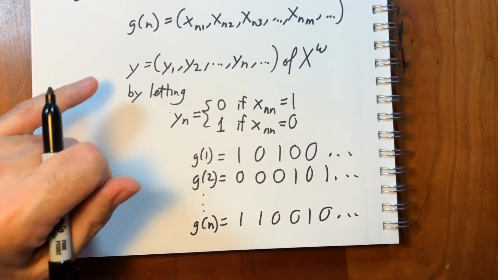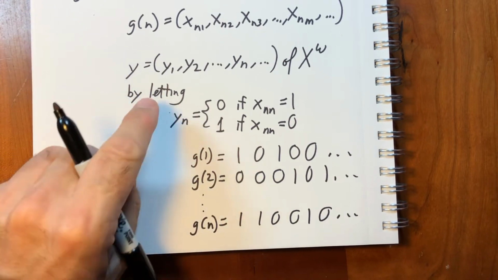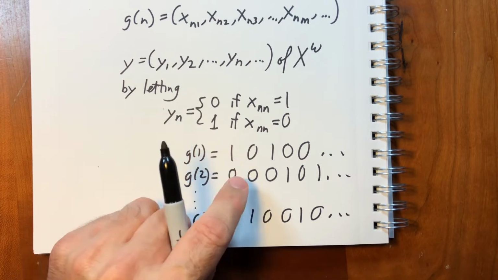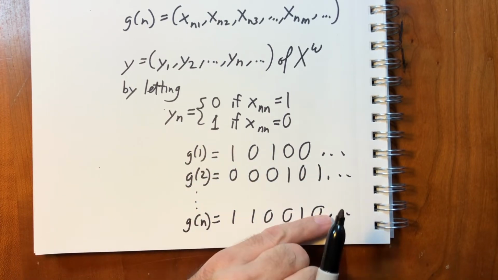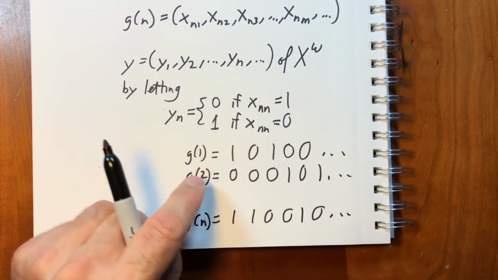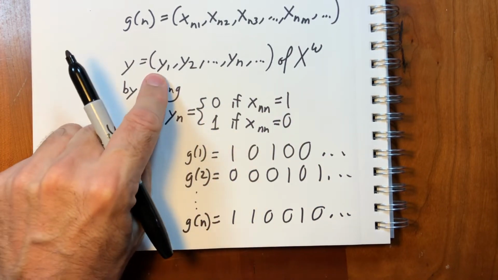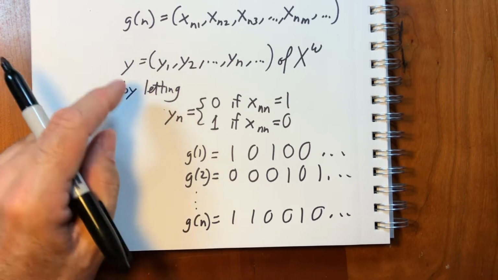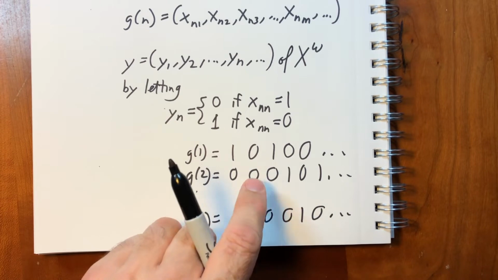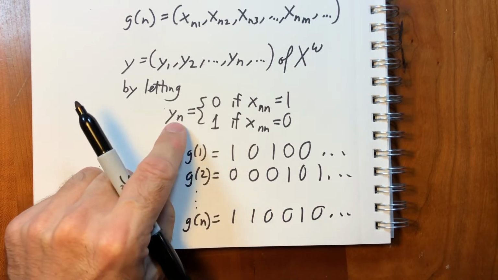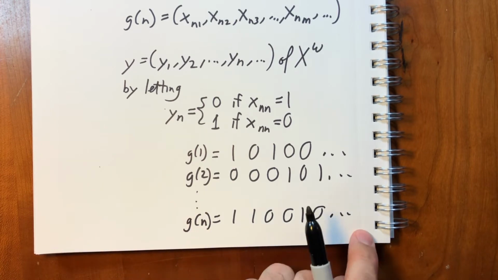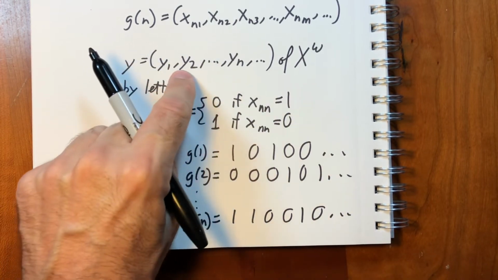So what we're doing here is we're defining y so that its nth coordinate differs from the nth coordinate of the nth value. Okay, so for n equals 1, if this is 1, then y_1 equals 0. If n is 2, then we go to the second row, and y_2 is 1 because this one's 0, and so on. So then g(n) is out here somewhere, and then it's the opposite.